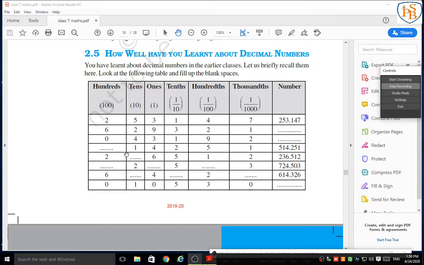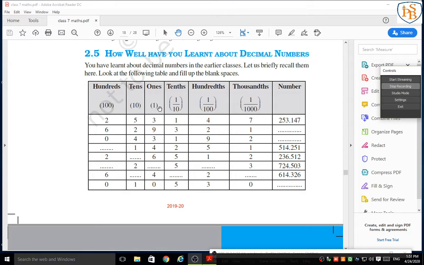And after the decimal point, we refer to each number at the tenth place, hundredth place and thousandth place. The numbers before the decimal point are always expressed in ones, tens and hundreds.